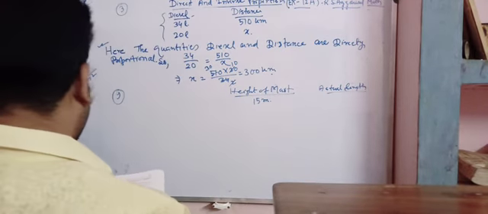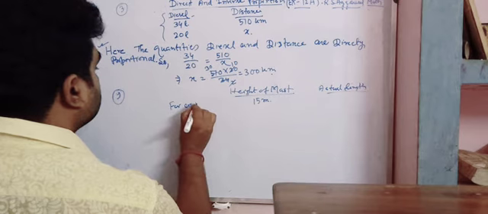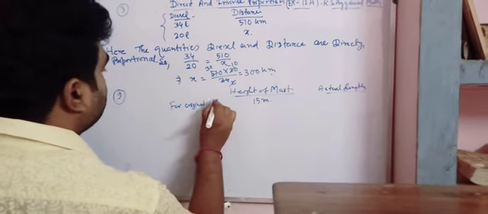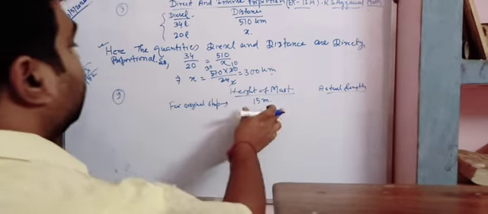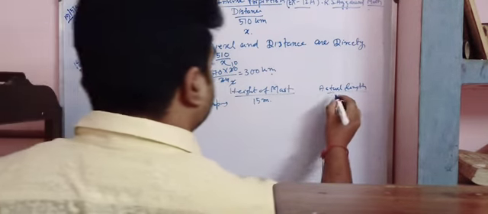For the original ship, the mast height is 15 meter and the actual length is 35 meter.